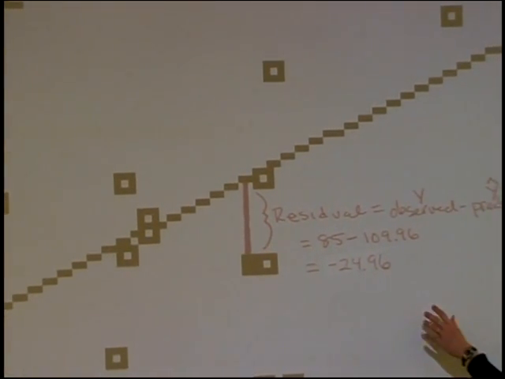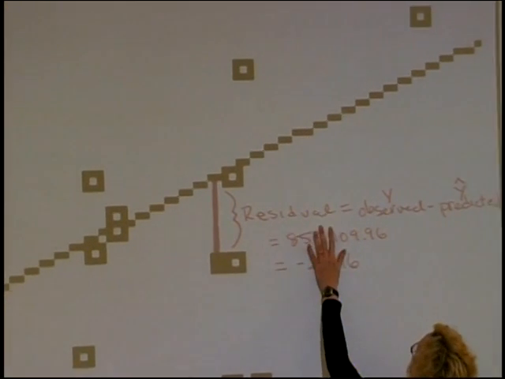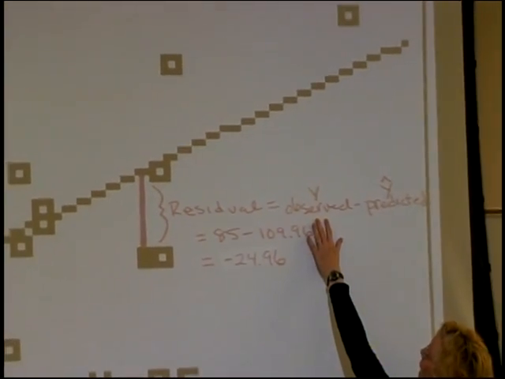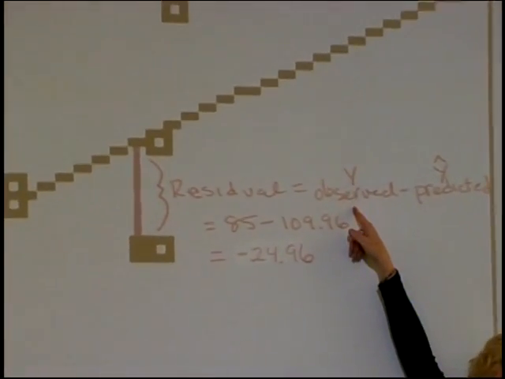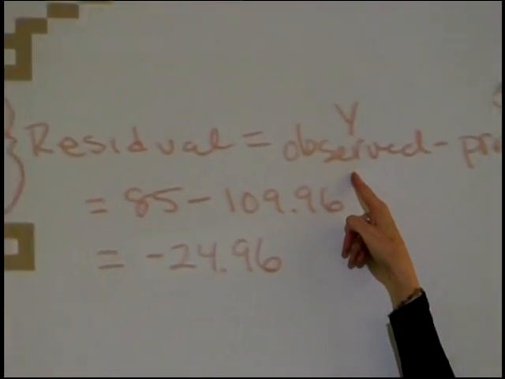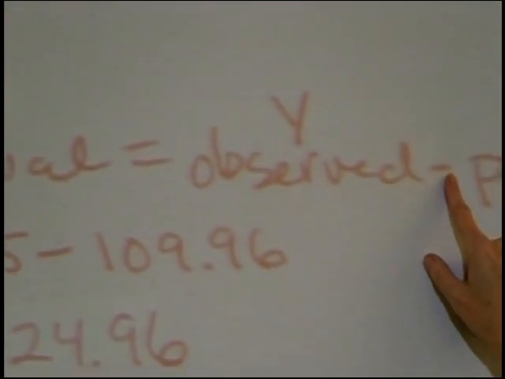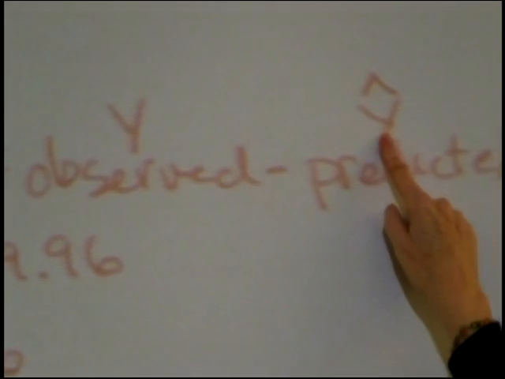You find the residuals by taking the observed y, that's the actual data value that's in your data set, and subtract the predicted y at that value.